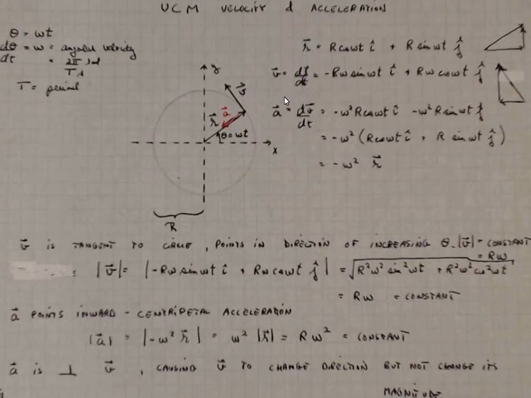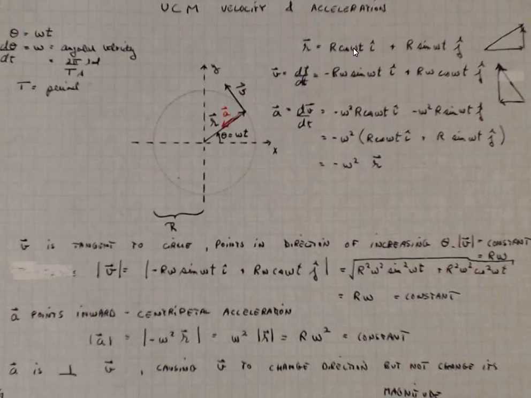So now let's look at v, the velocity. Velocity is the time derivative of position. If I differentiate r, i hat and j hat don't change; they always point in the same direction. So the derivative of the r vector is the derivative of the x component times i hat, which is minus r omega sine omega t.